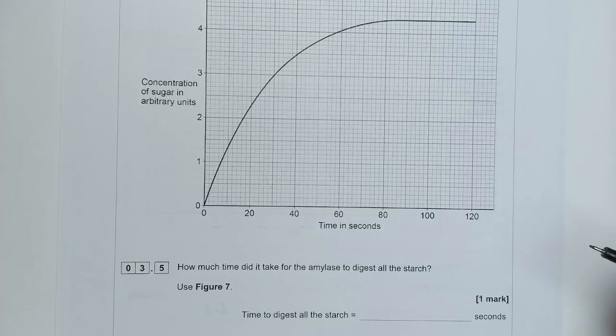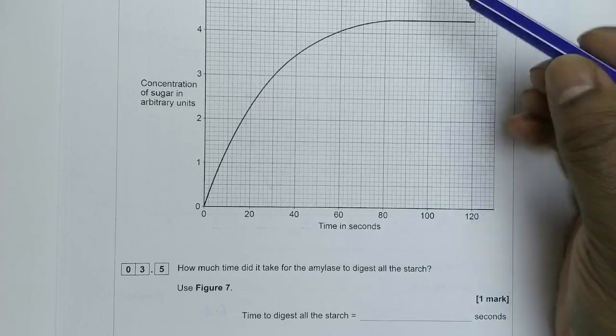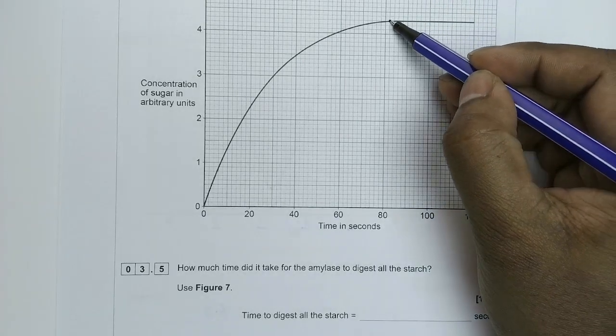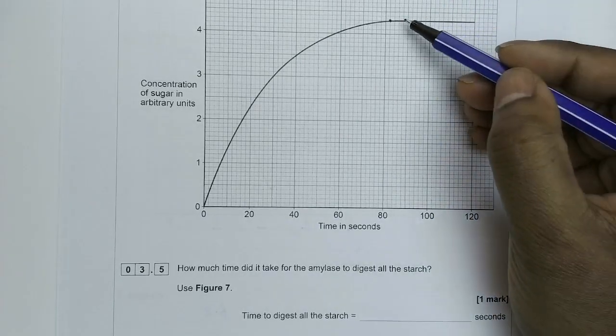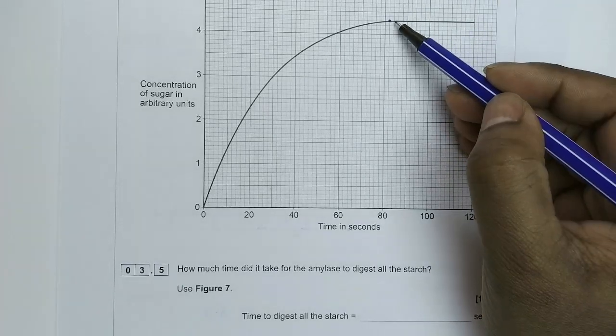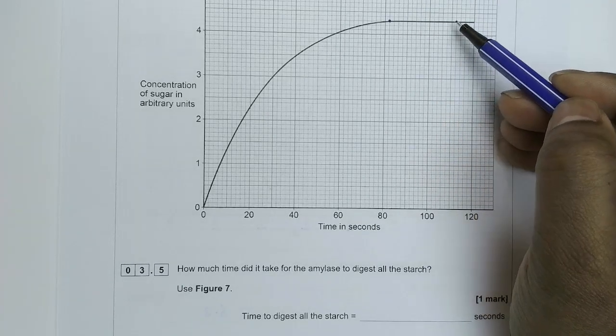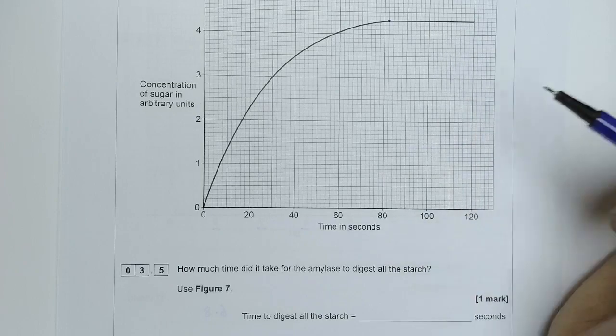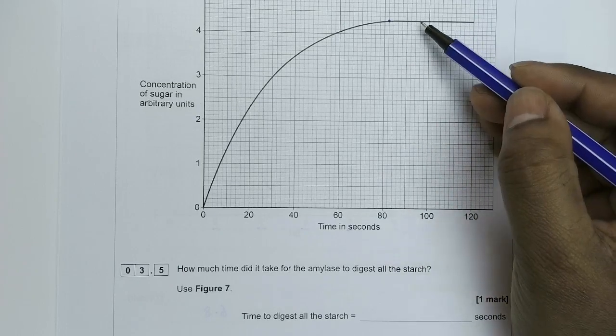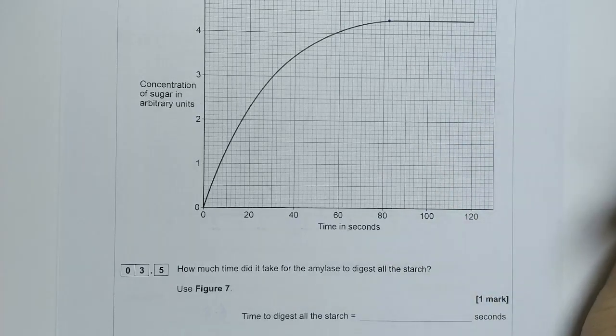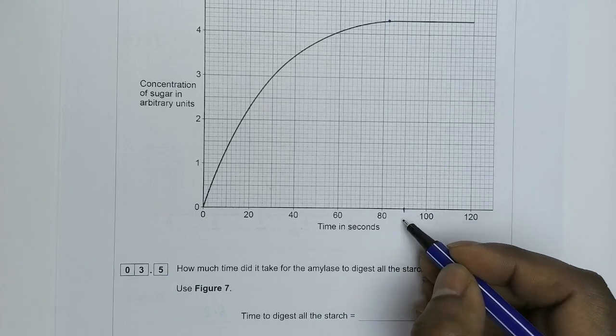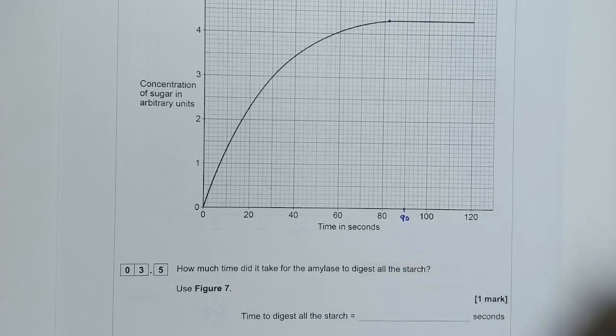So at this point, when the line is just starting to become flat, the concentration of sugar is remaining the same. That's when all the starch has been broken down into the sugar. So time to digest all the starch, right? Again, this is 90, so each box is 2, so that would be 82 seconds.